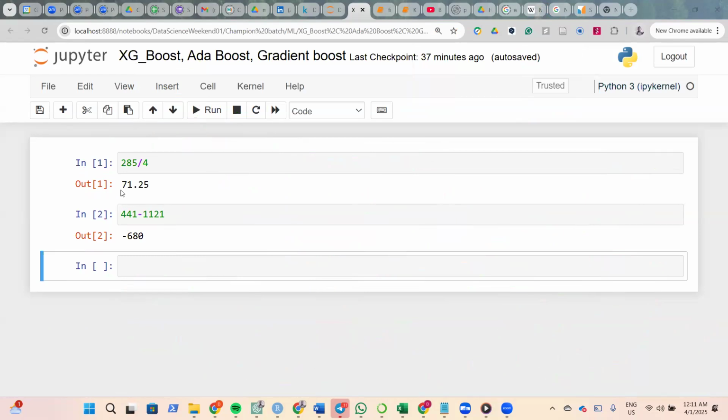Assuming I just get my data like this, on this data I have, let me say, age: 10, 15, and 16.